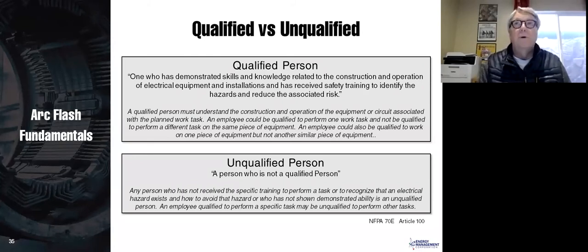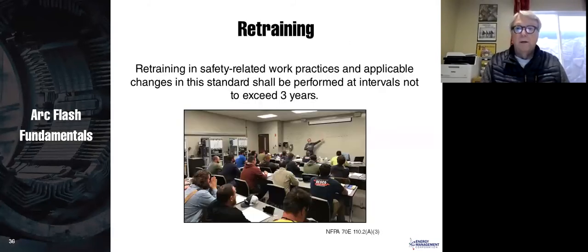So if you're an electrician, you're fully qualified, you've had years of experience, maybe you're even a master electrician, but you do houses and you wire houses. And then somebody says, can you come into this industrial plant and work on this electrostatic precipitator? The answer is no, you're not a qualified person. You must understand the piece of equipment you're working on in order to be qualified.